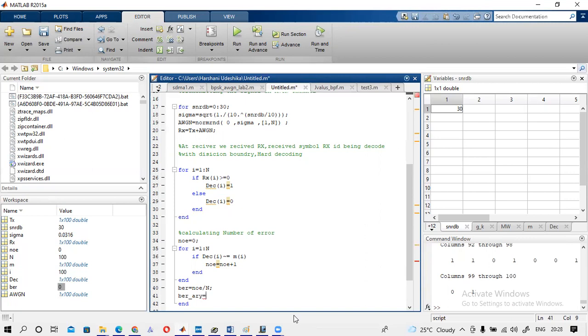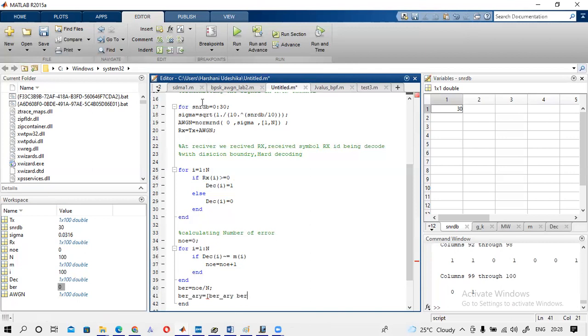If I type like this, the first array name is BER, the bit error rate array, and I use BER.